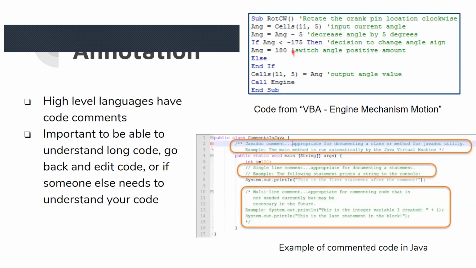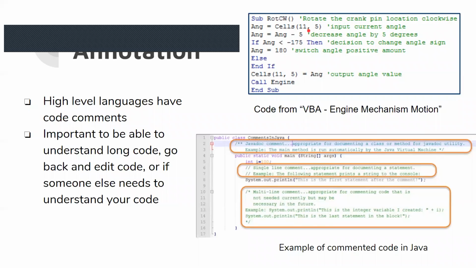So the neat thing about comments is every comment will not be processed when you run the program. So with VBA macros, it's the single quotation mark. And you can see it makes everything after that green, meaning the computer goes, I don't care whatever's after here, I'm not going to read it.